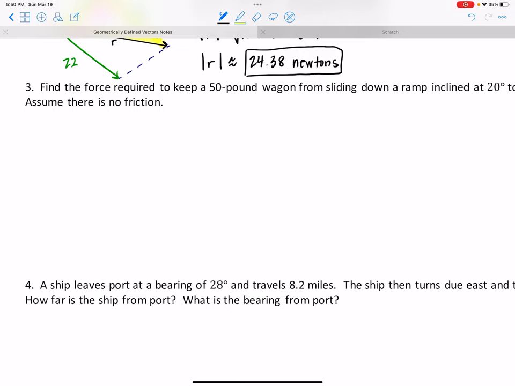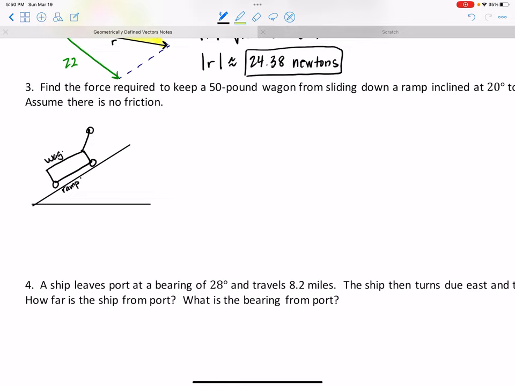So first, what does that look like? We're going to have, hopefully it makes sense, some kind of a triangular picture here where this is going to be my ramp, which means I have a wagon sitting on this ramp. Don't judge my art, okay? We've established that I can't draw. So this is going to be my wagon.